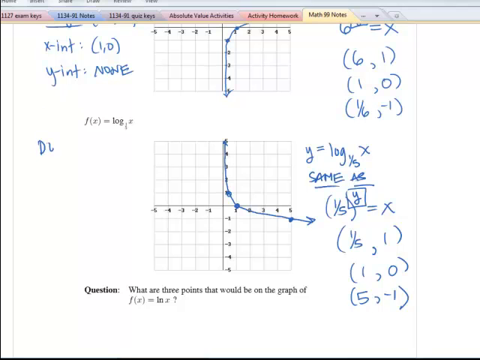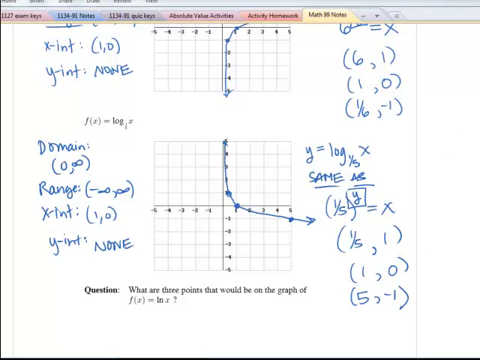All right, and then domain, 0 to infinity, range, all reals, x-intercept, (1, 0), and y-intercept, none.